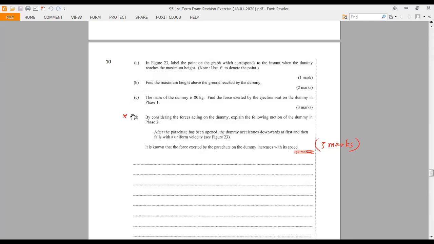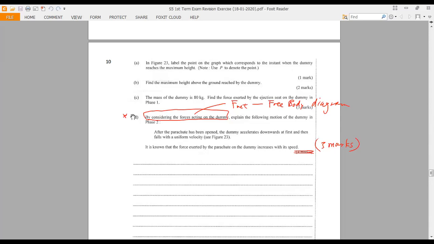So now what we're doing is considering the force acting on the dummy. So that is a hint. It's actually talking about net force or free body diagram. Every question related to force and motion, we should always consider net force and free body diagram and explain the motion of the dummy in phase 2.